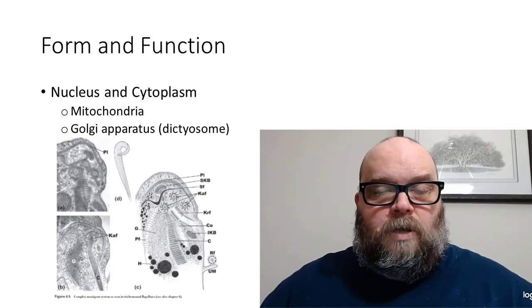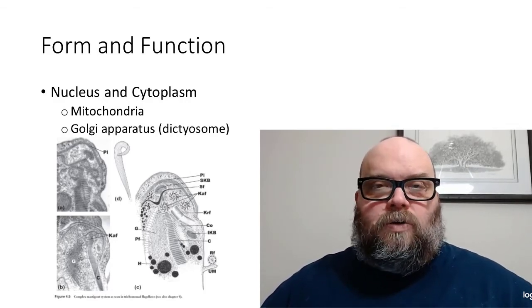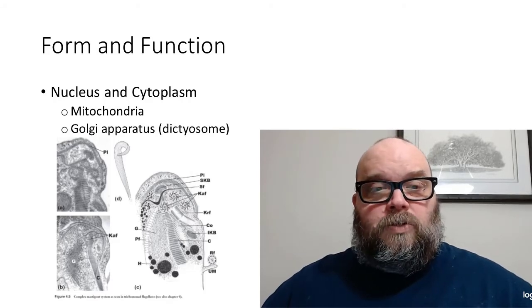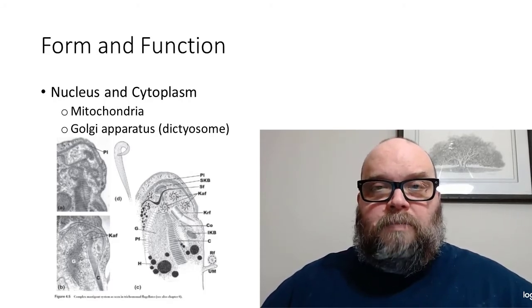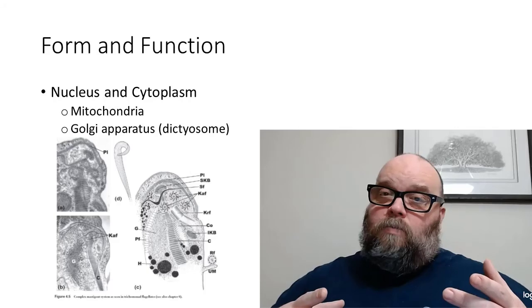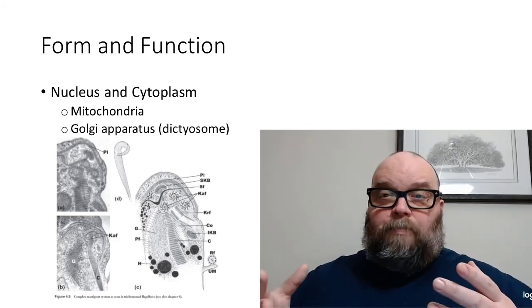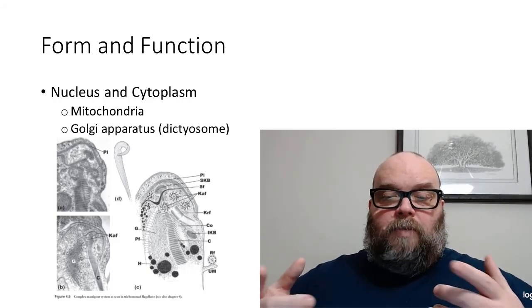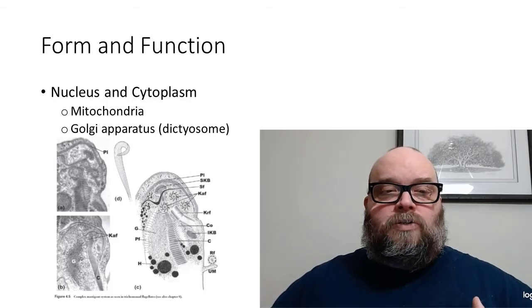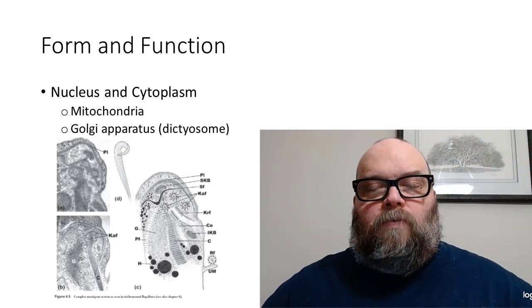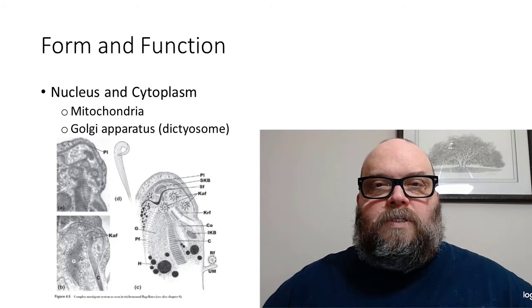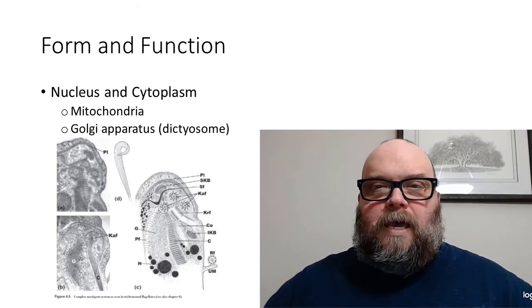You'll notice that there are multiple structures that come together. Some of them are going to be the dictyosome, which is that modified Golgi-like apparatus. But it's associated with all these other structures that are responsible for the locomotion of the cell, the maintenance of the locomotion apparatus and all of that.